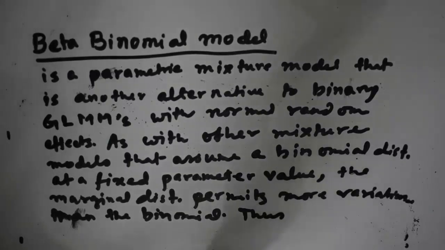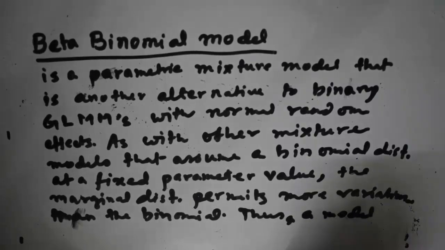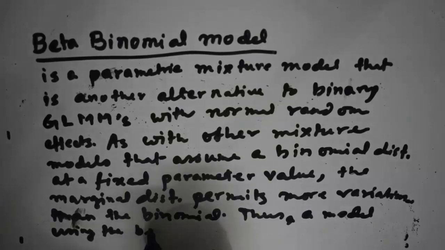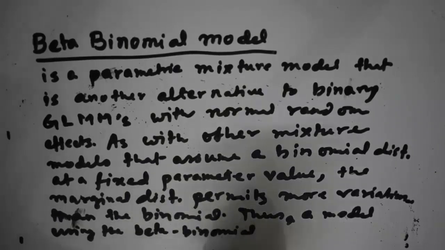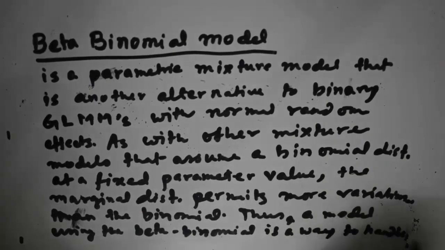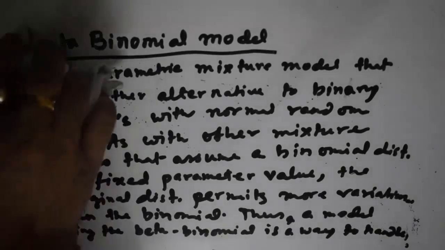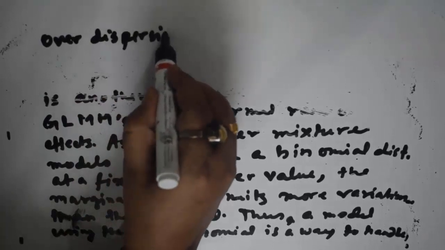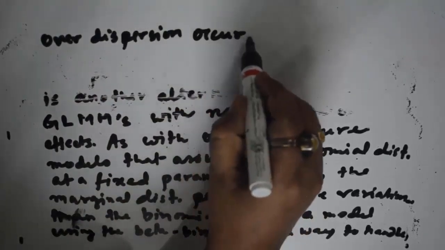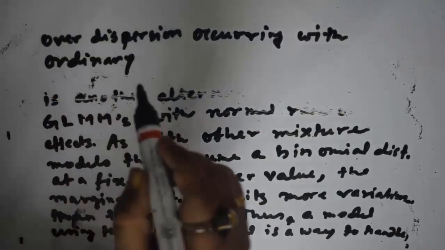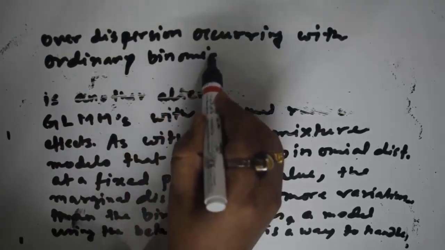Thus, a model using the beta binomial is a way to tackle or handle overdispersion occurring with ordinary binomial models.